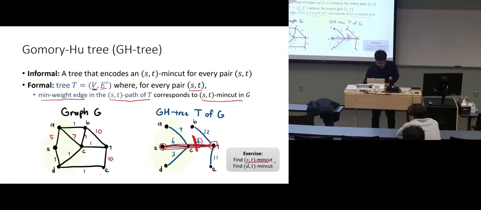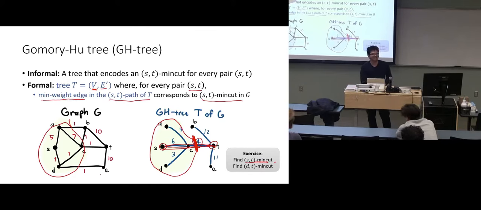Once you cut this one, you get this set on one side of the tree. It will be the case that this set is exactly the minimum ST cut in the graph. And this is going to be true for every pair.